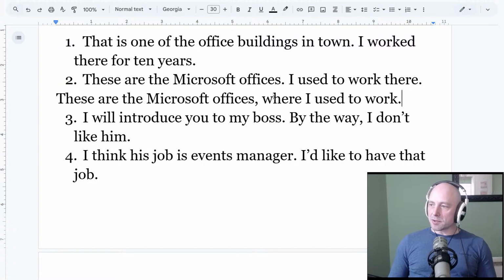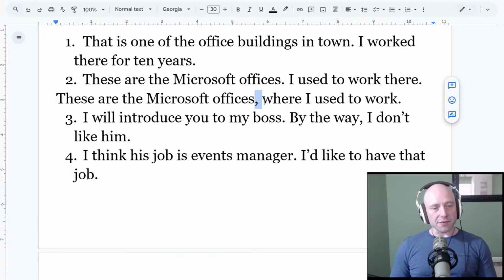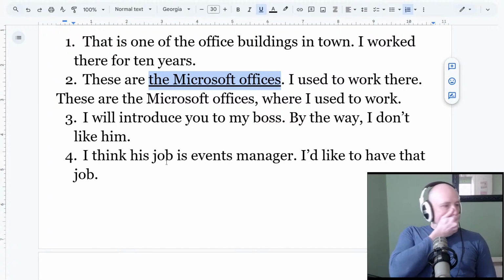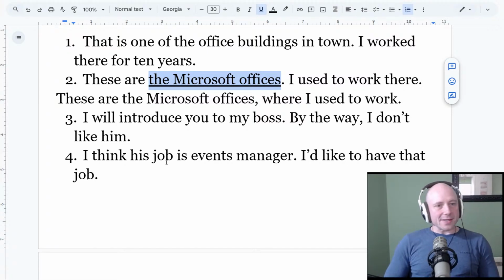It's really important in this situation that we have the comma and we use a non-defining relative clause, because if we don't have the comma, then it means that there are many Microsoft offices. But in this context, we want to say that there is only one, as indicated in the original sentence.